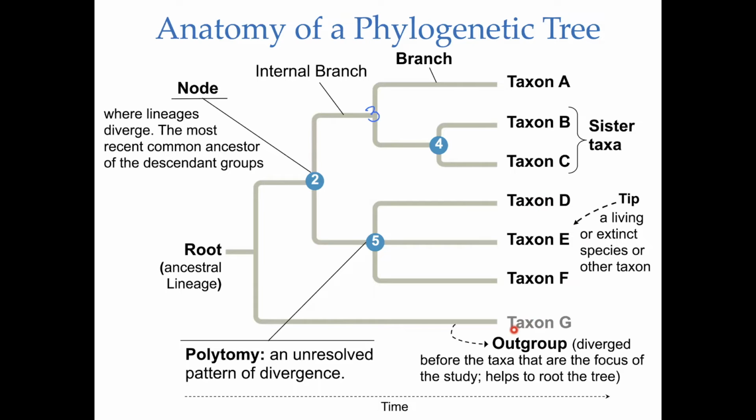Taxon G is here just to help us to root the tree, and that's why we call it an outgroup. Everyone here we're going to call in-group, and then taxon G is going to be the outgroup. How can you recognize an outgroup? The outgroup is always going to share only the ancestral lineage with all the other organisms. So it's going to diverge like this always.